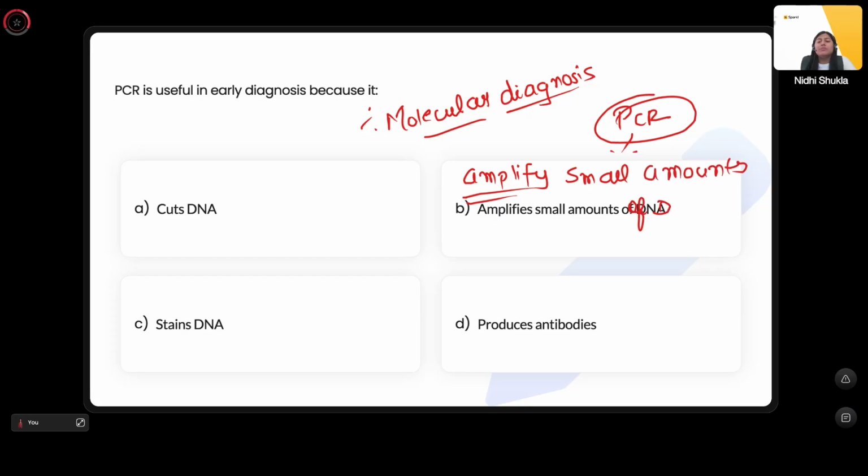PCR can synthesize a huge quantity of DNA from a very small DNA sample, which can help you detect those DNA and make an early diagnosis of the disease that you might be suspecting. Due to this reason, PCR is also useful in DNA fingerprinting. So PCR is useful because it amplifies small amounts of DNA.